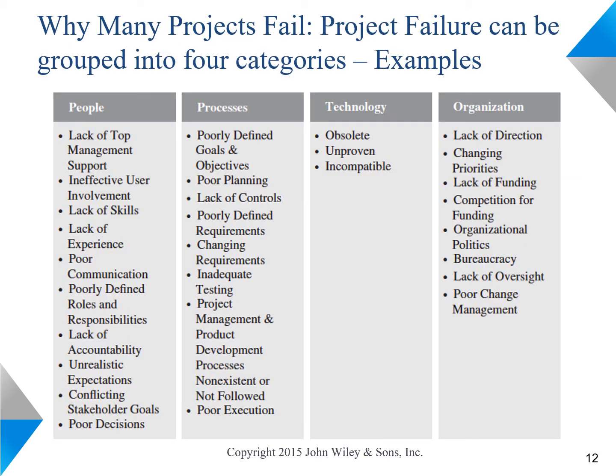So when they look at the reasons for project failures in the Chaos Report, the Standish Group found that when you look at the causes that are related to people, some of the top contributing factors are lack of top management support.